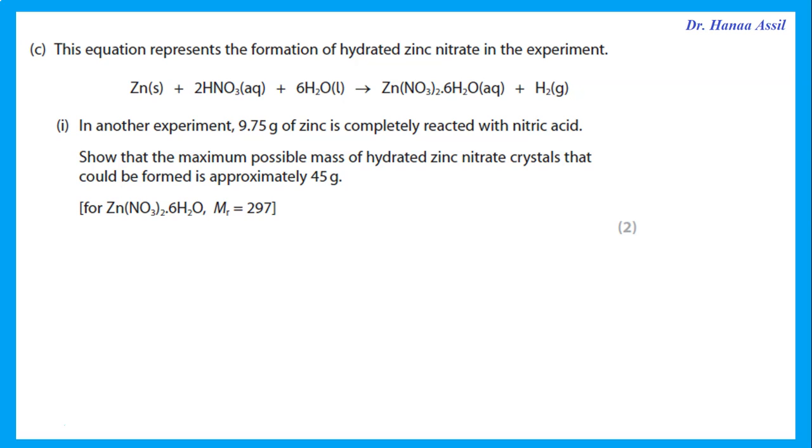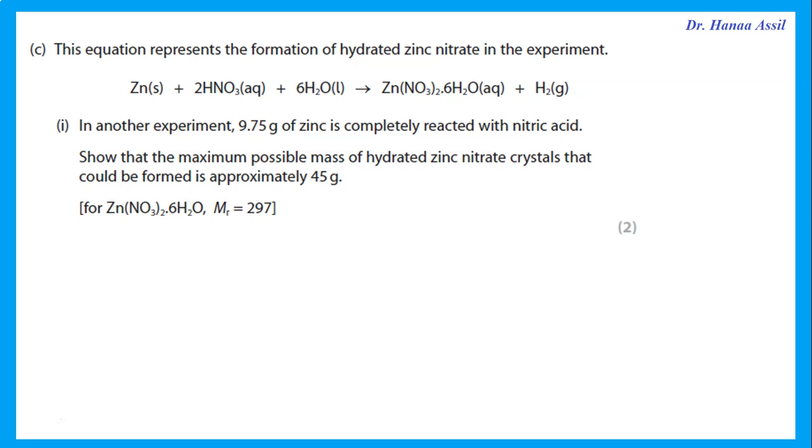This equation represents the formation of hydrated zinc nitrate in the experiment. In another experiment, 9.75 grams of zinc is completely reacted with nitric acid. Show that the maximum mass of hydrated zinc nitrate that could be formed is about 45 grams.